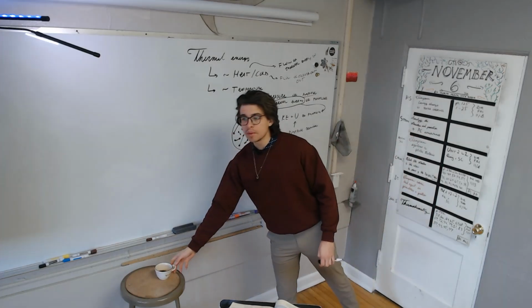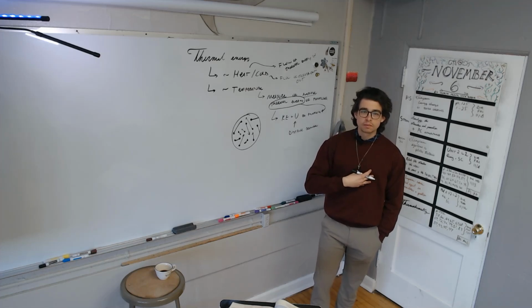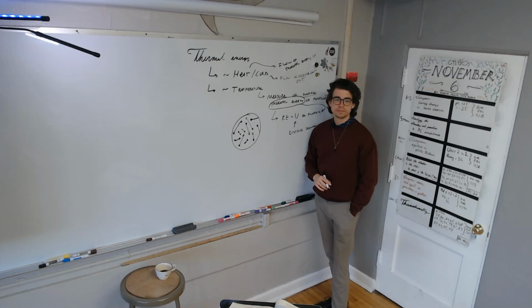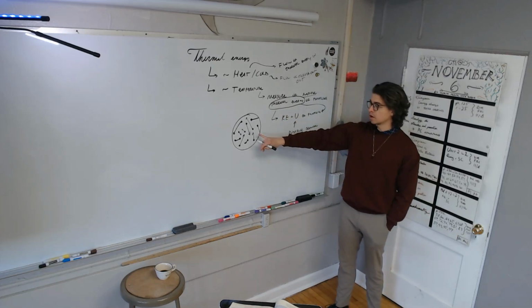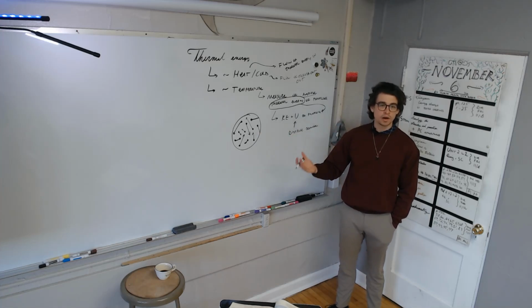If we all went on a field trip outside the football field right now, would your body or the air have greater thermal energy? Or, sorry, greater temperature? Probably your body, because on average the particles would be moving faster and they would be on average farther apart compared to the air.